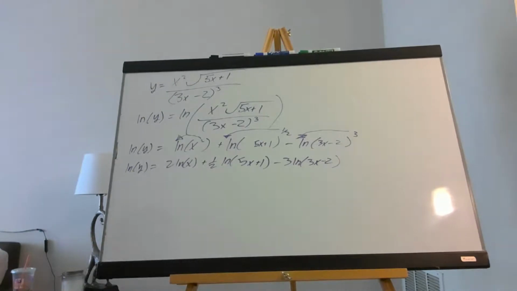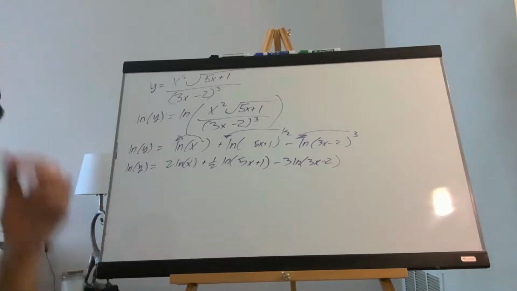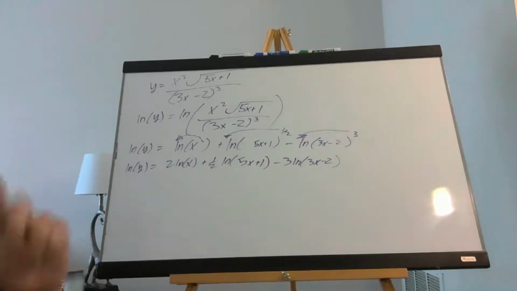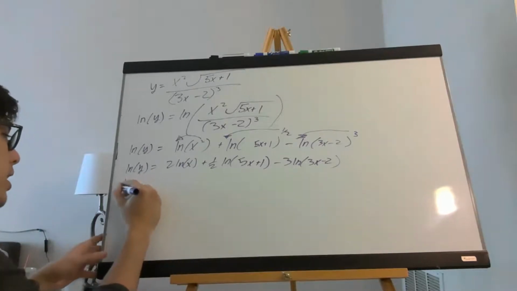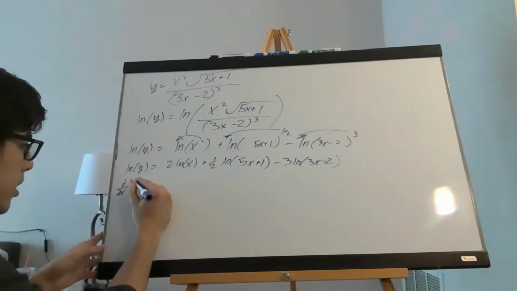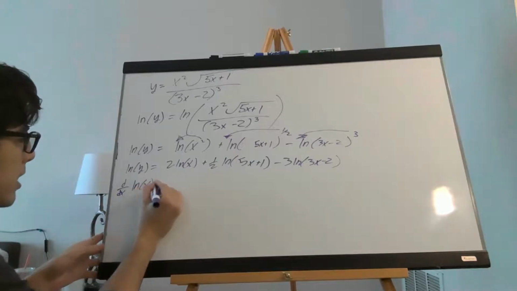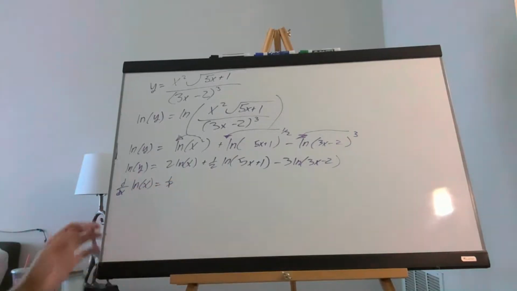So you're probably like, okay, I don't like natural logs either, but the one real cool thing about a natural log, y'all, is this right here. Let's take a derivative. The derivative of ln of x is equal to 1 over x.